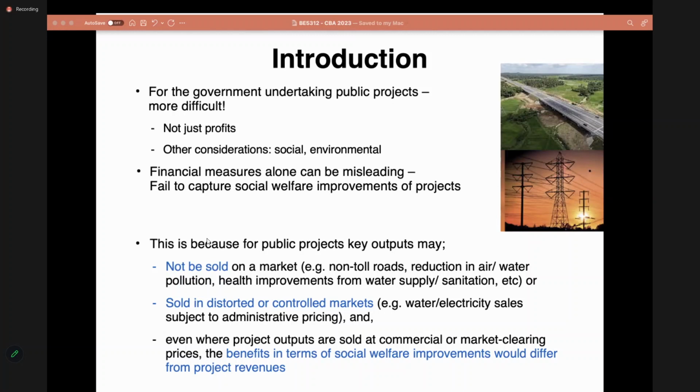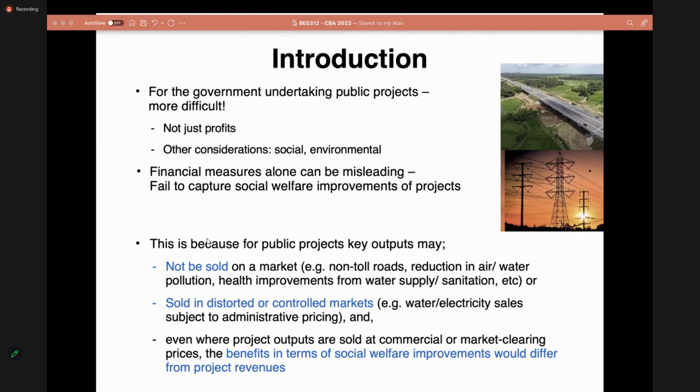Likewise, many of these public projects, the products are not really sold at a market price. So maybe a project that a government undertakes to reduce air pollution or water pollution, or a water supply project, the health improvements you might get from a sanitation project. Then there will be an issue if you just try to do a financial appraisal of these types of projects.